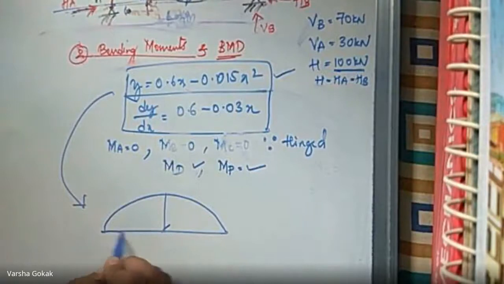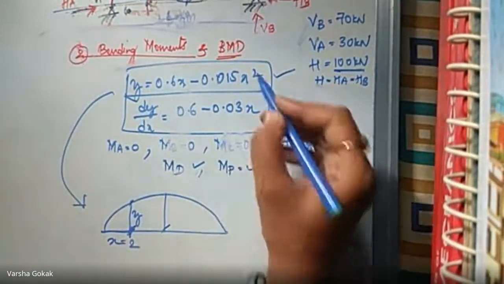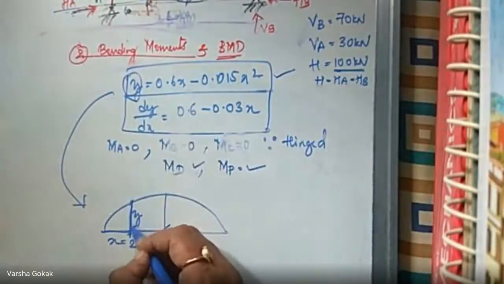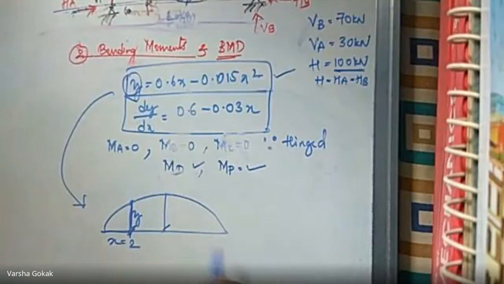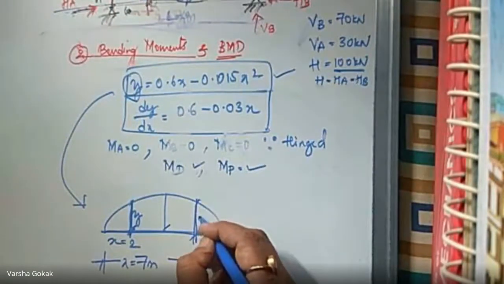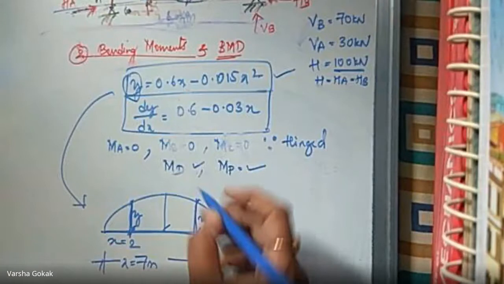So say you have some x over here, with respect to that x is going to be this y. When I put x equal to 2 meters in this equation, whatever value of y I get is going to be the height. Say I put x equal to 7 meters, whatever value comes would be your y value.